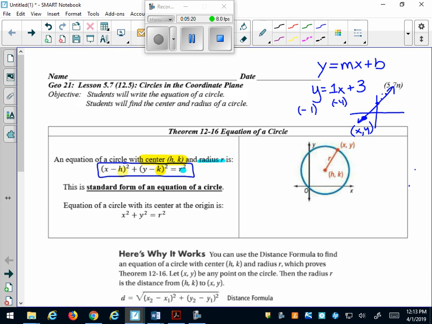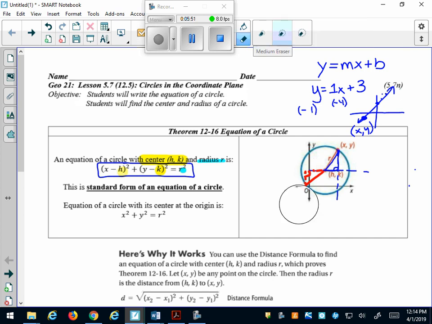But if I draw any radius, I could drop a line straight down and put a line straight horizontal, and I've created a right triangle. I could do that from anywhere, because if I drew my radius over here, my line would go up and over, and I would still make a right triangle. And in every single case, the radius is the hypotenuse of that right triangle.